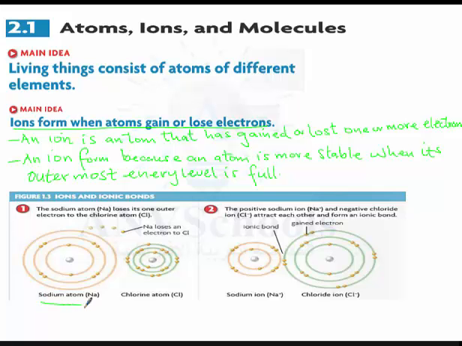We have a sodium atom and a chlorine atom. So this is a metal, this one is a gas. So here 1, 2, 3, 4, 5, 6, 7. This one has 7 electrons in its outermost shell. How many does sodium have?